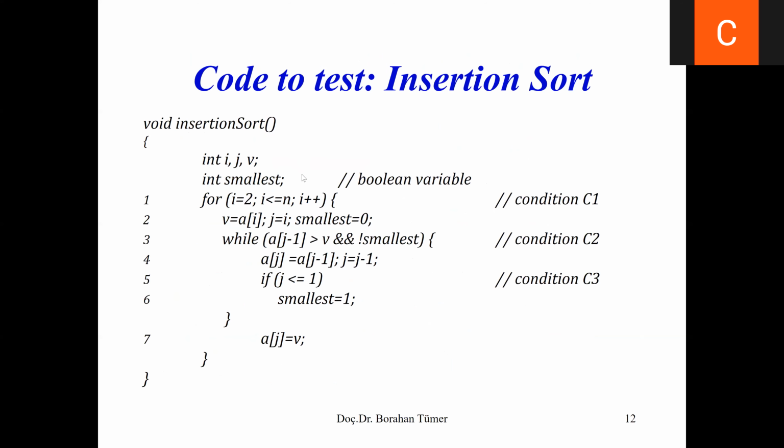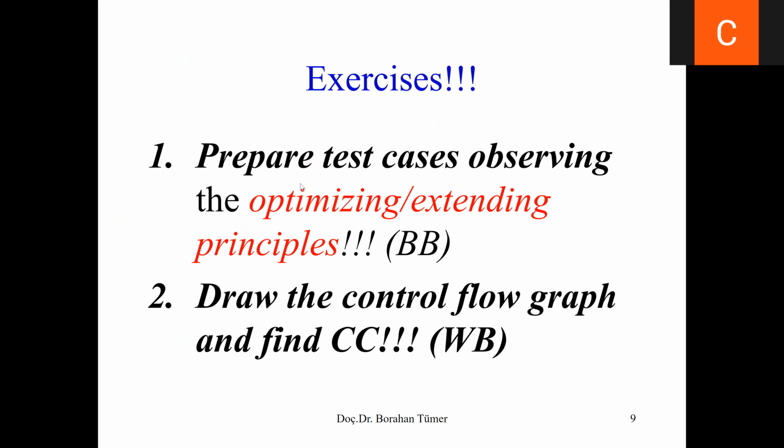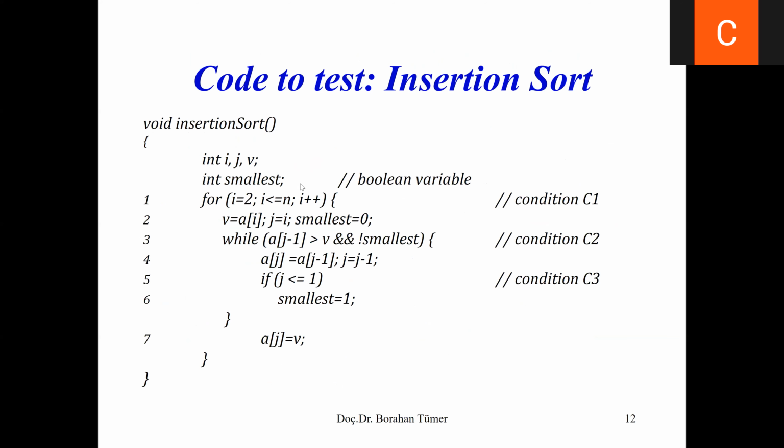I am showing you here the insertion sort so that you can draw the control flow graph. Then you will be able to compare yours with mine, and then we will see how we will compute the cyclomatic complexity and find the independent paths.